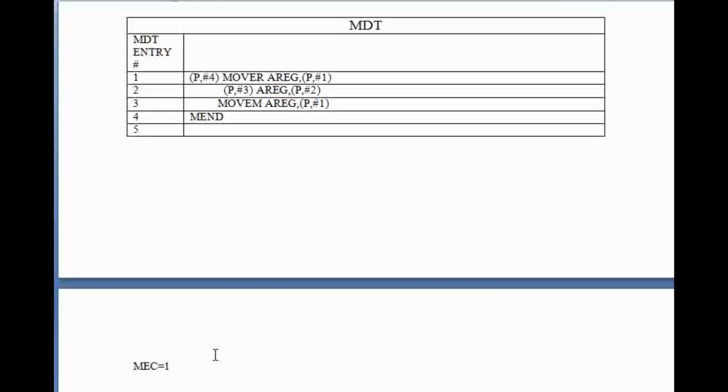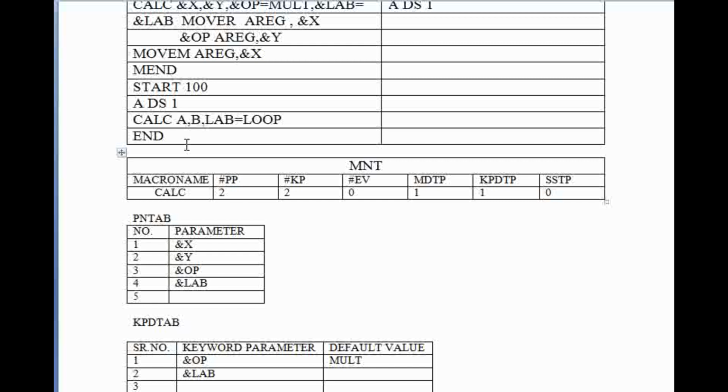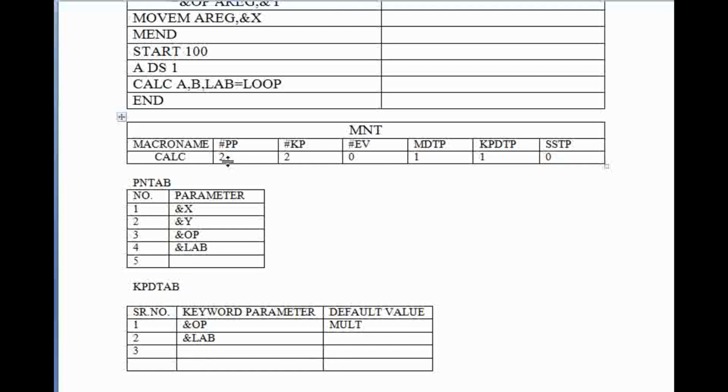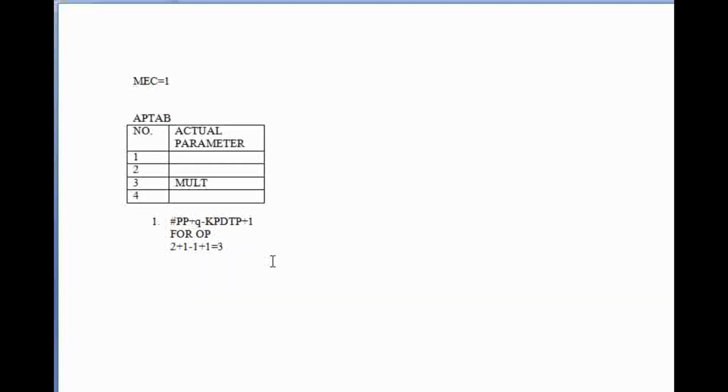Next go to your macro call, and look for keyword parameters first. How to identify them? With this equal to sign. The first keyword parameter that I find is LAB. So I need to first enter the actual value for LAB into this APTAB. For that we use the same formula: #PP plus Q minus KPDTP plus 1.